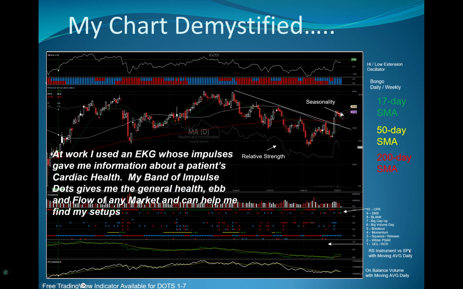So it's a ratio chart, and we're looking for that ratio to break out above the moving average. And this is on balance volume with a moving average, and we're looking at whether it is above or below.